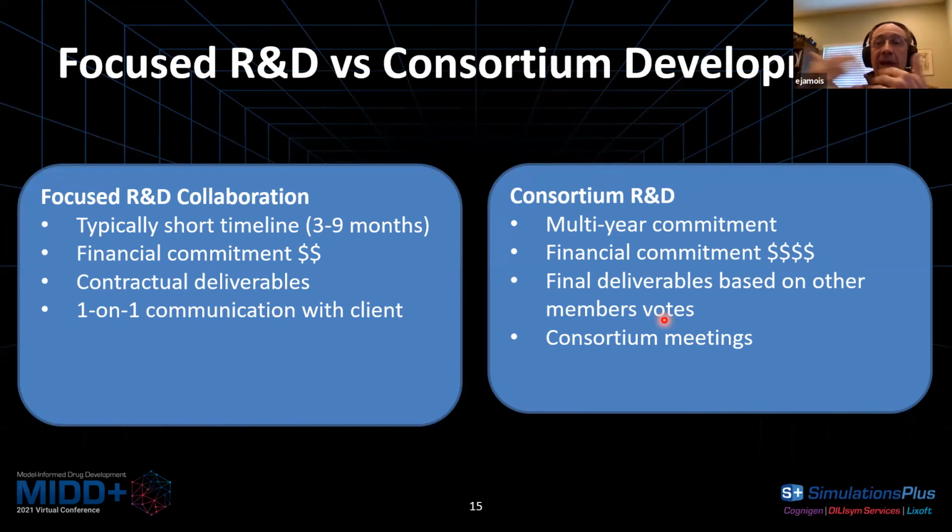That's the one-to-one relationship that we have with the client in these developments, in the feedback that we get, but also the feedback that they give us and what the next round of things is that they want to see. So again, it's much more one-on-one as opposed to having fairly large consortium meetings. It's a much more focused format of guided R&D development.